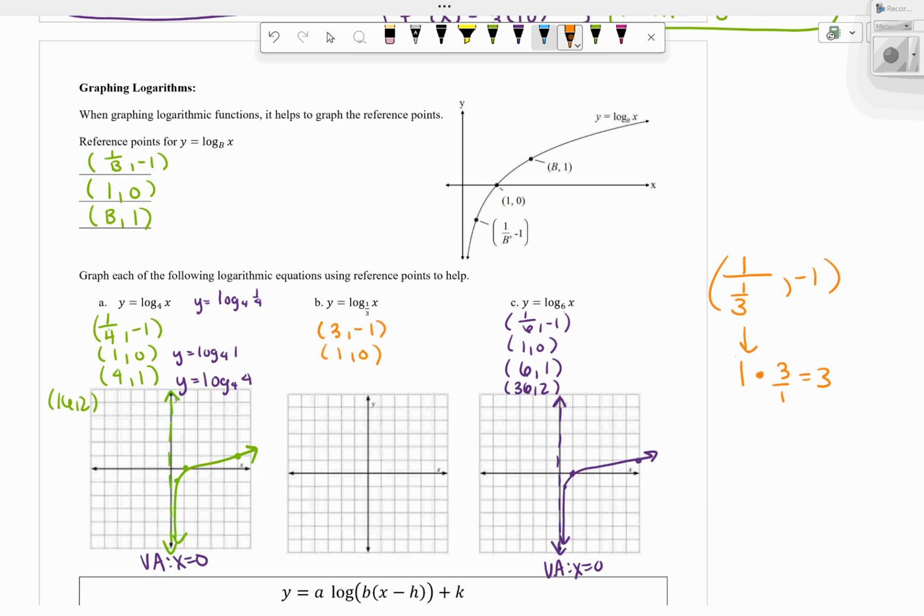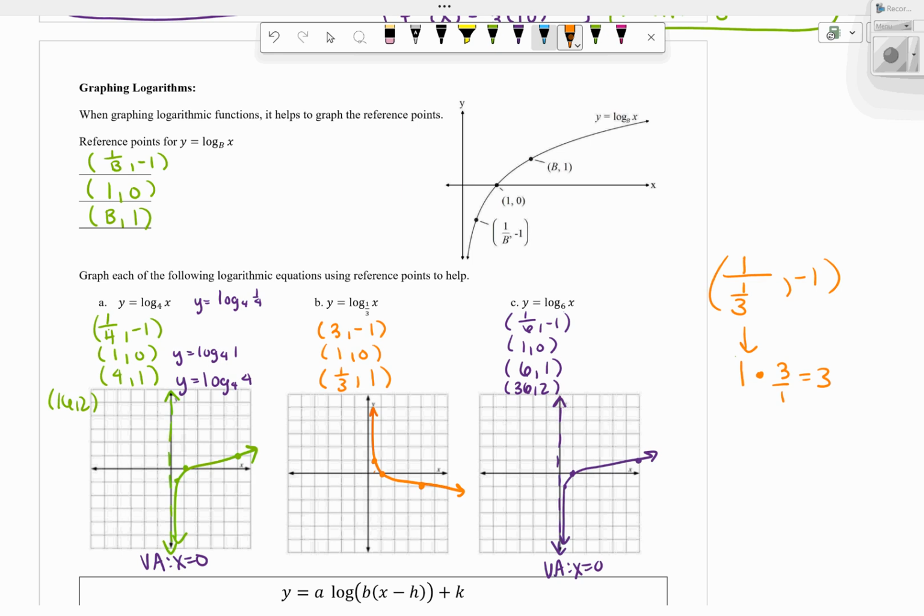Then we have 1, 0 still, and then the base, comma, 1, so 1/3, comma, 1. So this one's slightly different because our base is a fraction. So we have 3, -1, 1, 0, and then 1/3, 1. So our graph is actually going like this. It just goes the other direction.